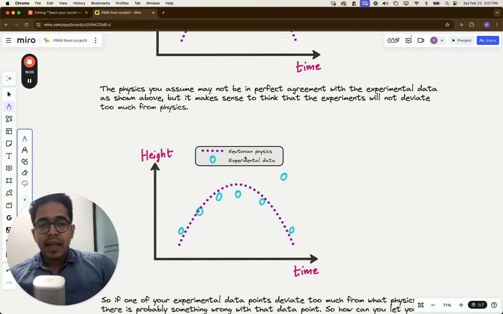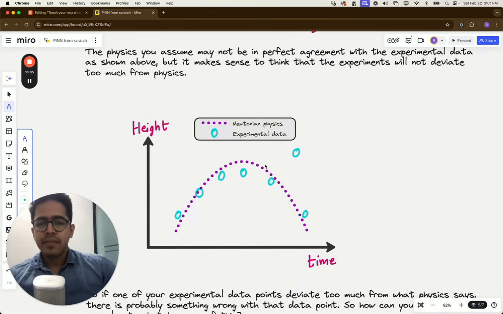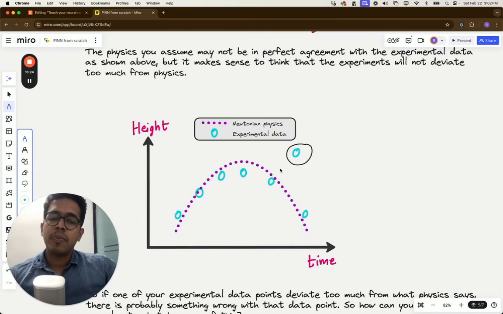And for that reason, since this data point is too far away from this dotted parabola, which describes the Newtonian physics, something is wrong with this experiment. And if you were to model a neural network, it ideally should not be allowed to make predictions far away from this dotted line, because this dotted line corresponds to physics.